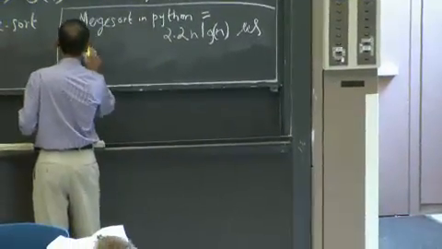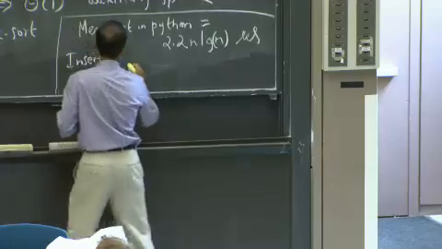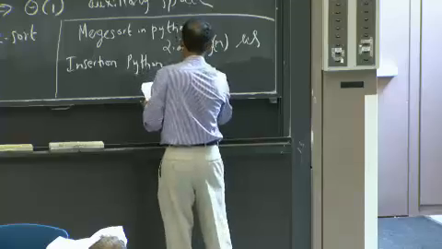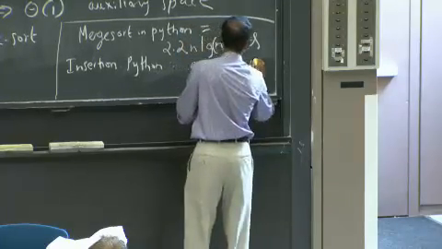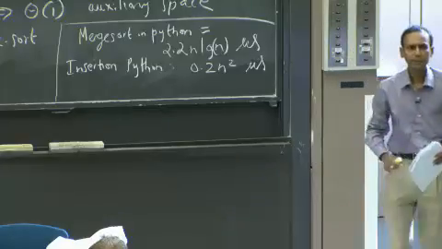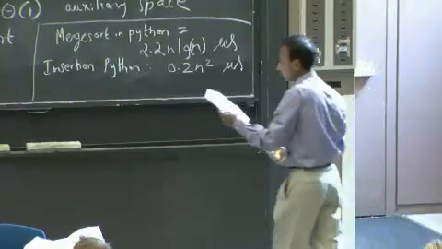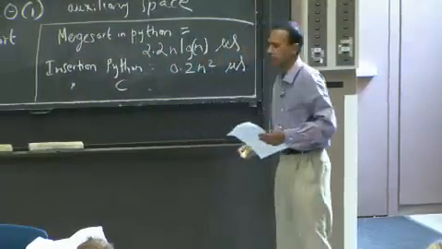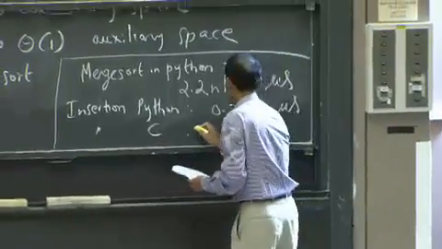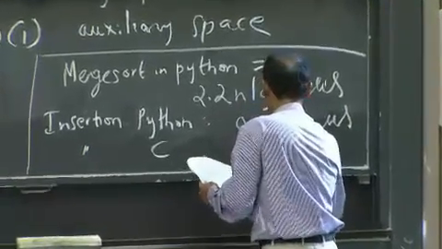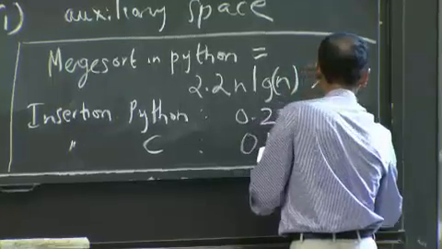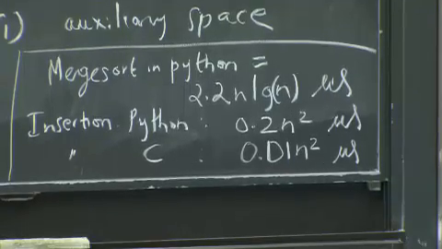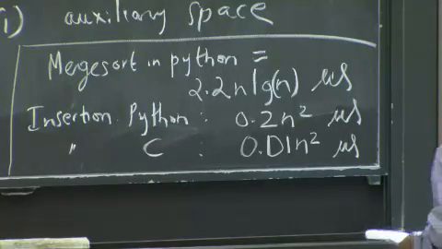And if you look at insertion sort in Python, that's something like 0.2 n square microseconds. So you see the constant factors here. If you do insertion sort in C, which is a compiled language, then it's much faster. It's about 20 times faster. It's 0.01 n square microseconds.